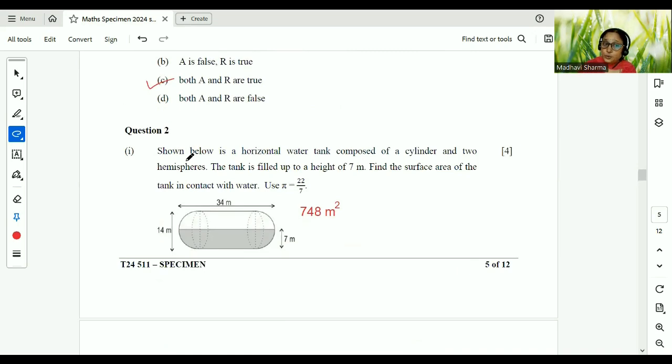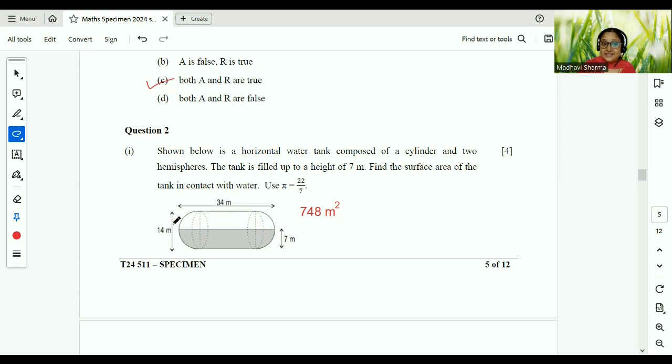Question number 2, the first one. Shown below is a horizontal water tank composed of a cylinder, this one, and two hemispheres. Remember, two hemispheres when you join become a sphere. The tank is filled up to exactly half.